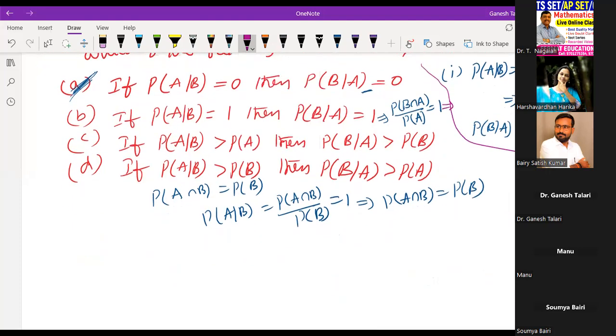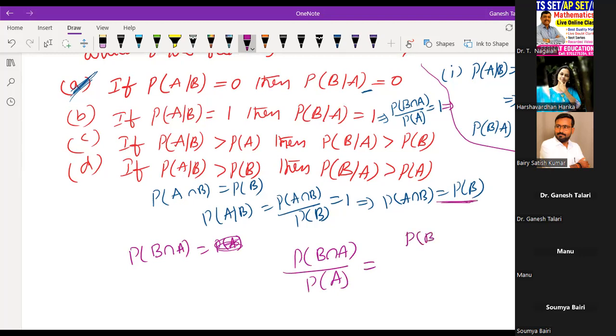So here, probability of B intersection A is equal to probability of A. So B intersection A, I can write, or else I can write, let it be, probability of B intersection A upon probability of A. I can write B intersection A, already you have written. What is right? Probability of B by probability of A.